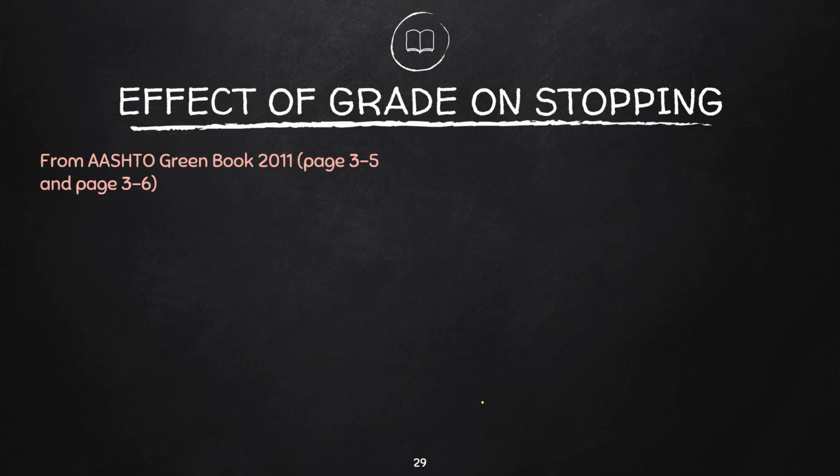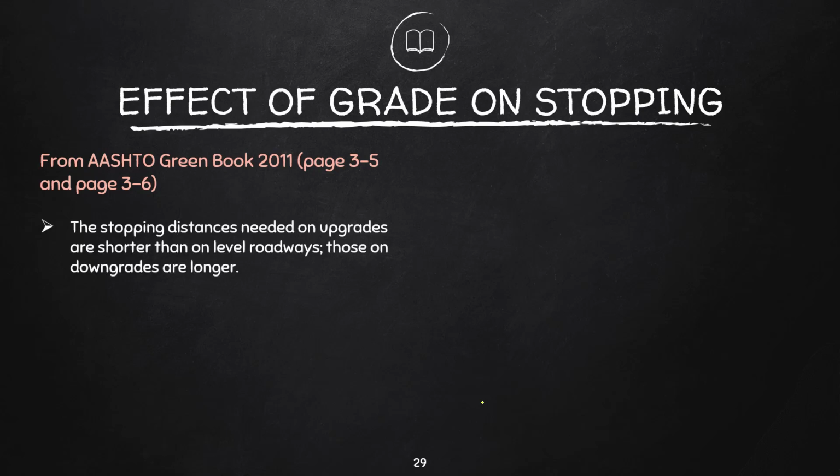From AASHTO Green Book 2011, page 3-5 and page 3-6, it is stated that the stopping sight distances needed on upgrades are shorter than on level roadways, and those on downgrades are longer. I think I have already mentioned this a while ago, and we are just reading this from AASHTO. Okay, that is self-explanatory.